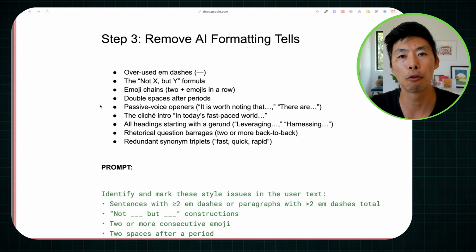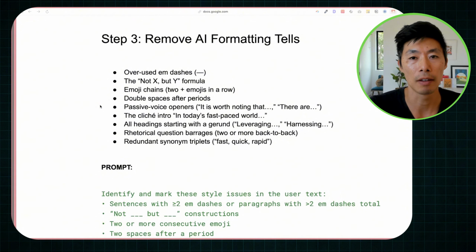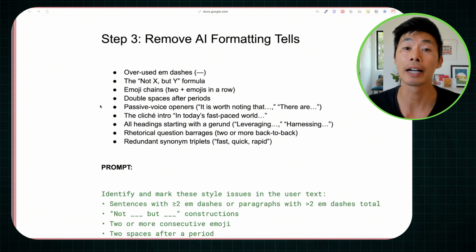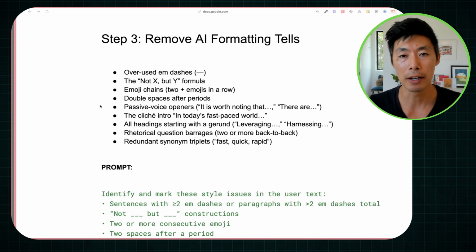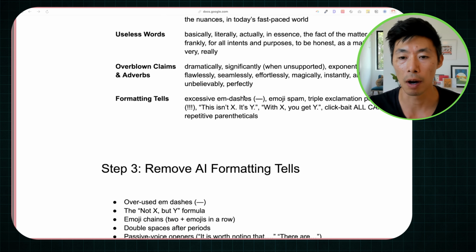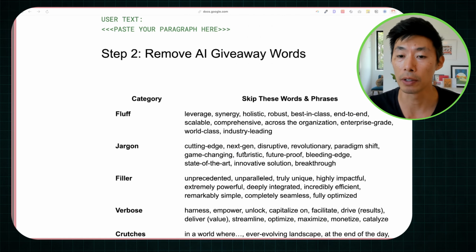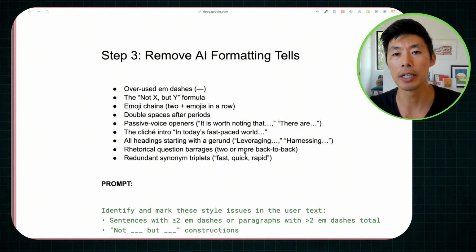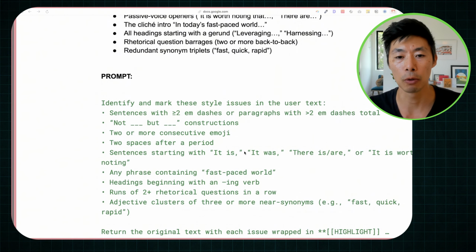And lastly, there are formatting tells, ways that the AI has come to write, with these em dashes, for example, or the structure that I mentioned before: "It's not how you're working with Meta, but it is this." These are all structures that are very common in AI output, and you want to remove those. So either add this up front in your system prompt, as well as these words that you will not be using, or afterwards, after you get your output, run it through prompts like this, where you are listing it out.